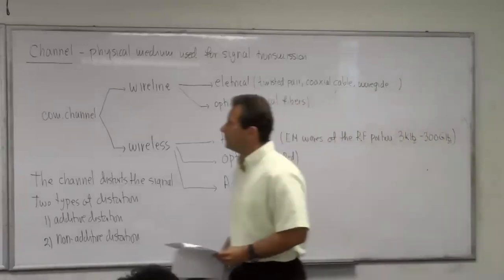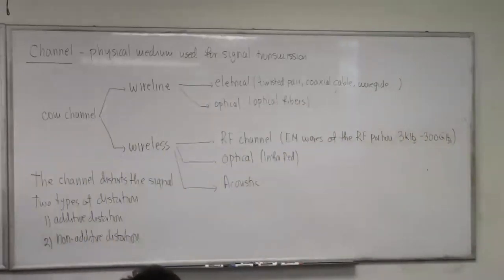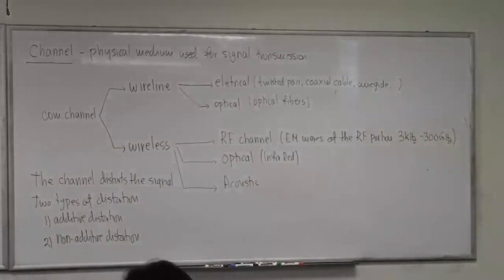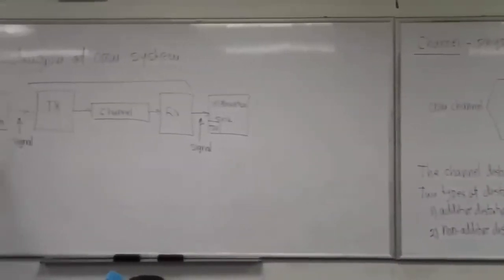Now, the last two blocks are this receiver here, and of course there will be another transducer here. So let's talk about the tasks of these two. RX stands for receiver.